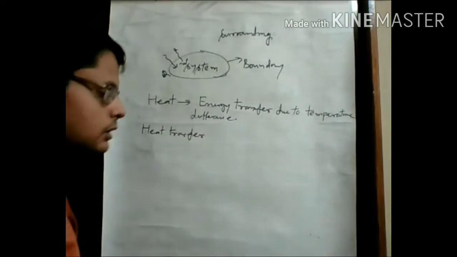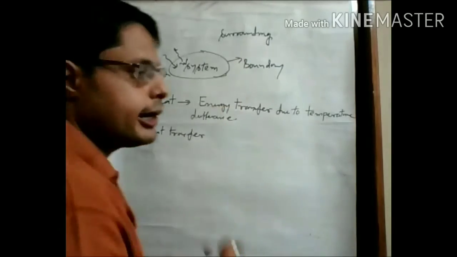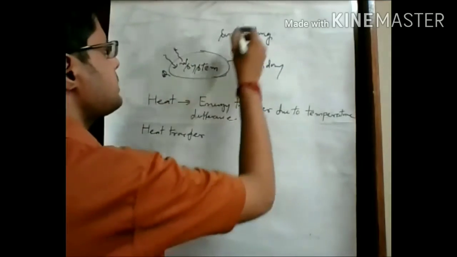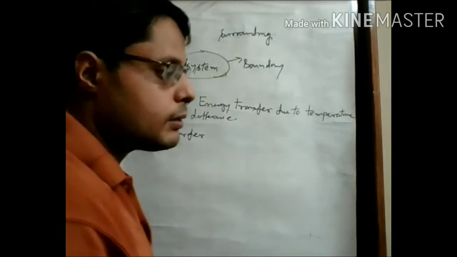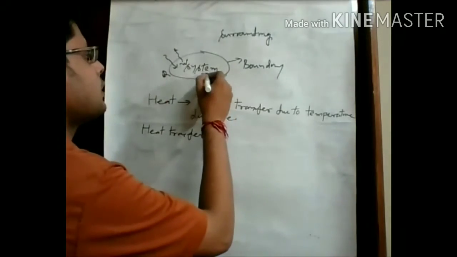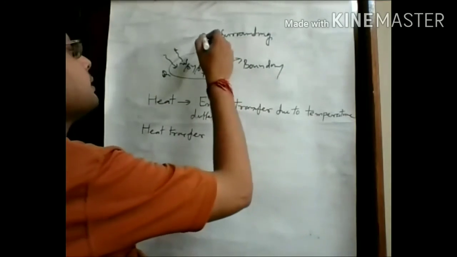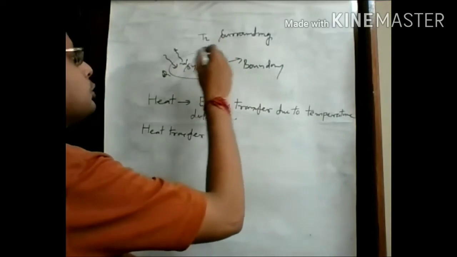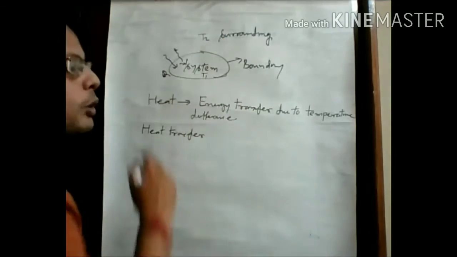If we talk about heat transfer, that means if there is a temperature gradient between system and surrounding, suppose the system has temperature T1 and the surrounding has temperature T2, and there is no insulating layer on the boundary.